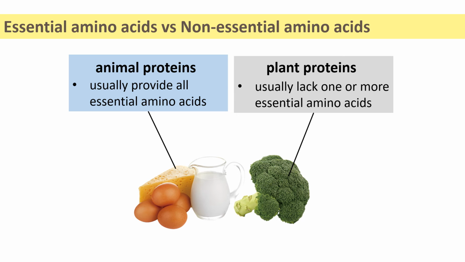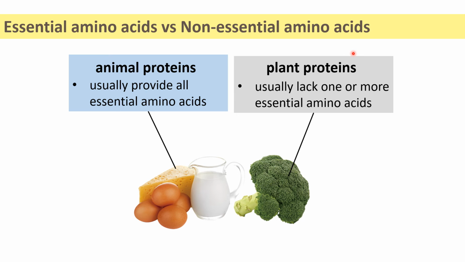Point number two is that even for those plant food that is rich in protein, they usually lack one or more essential amino acids, those that we can't make. While animal food usually provides all essential amino acids. So we usually say animal food is a complete protein source, but plant food is an incomplete protein source.